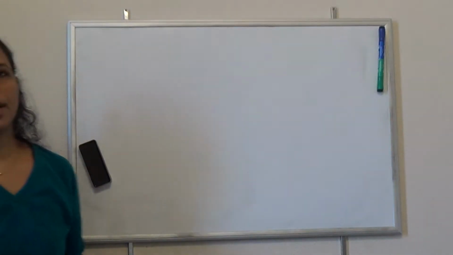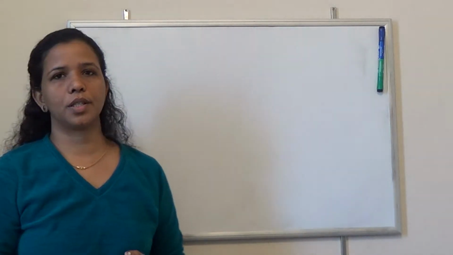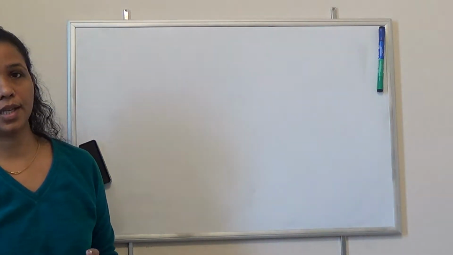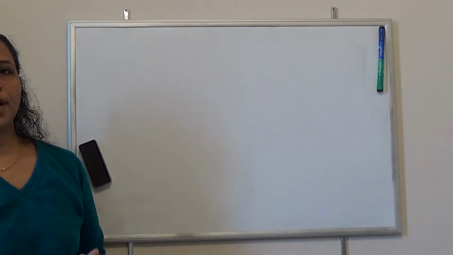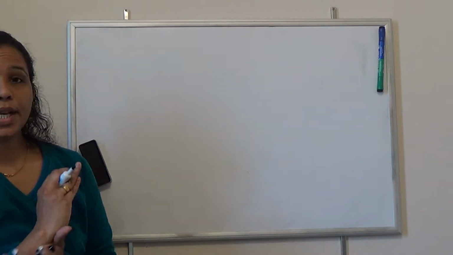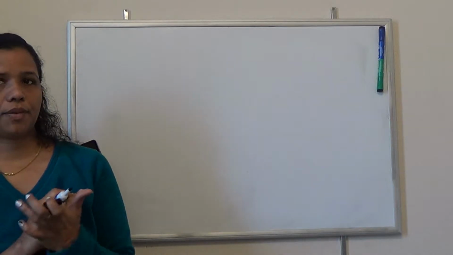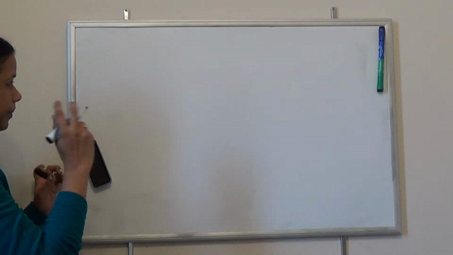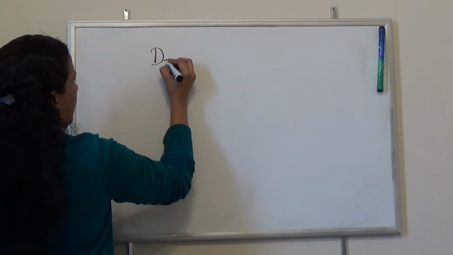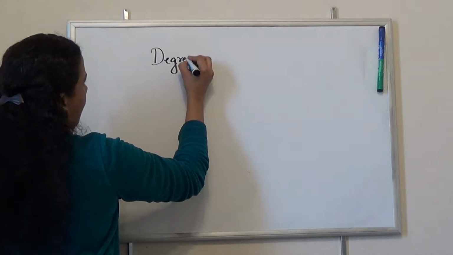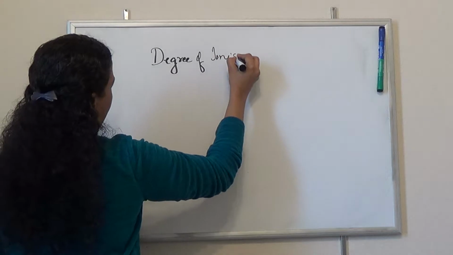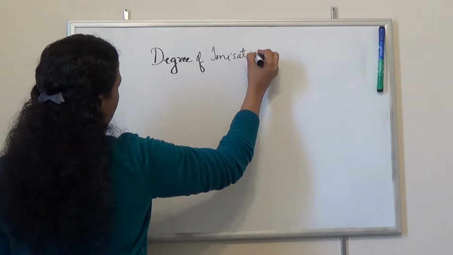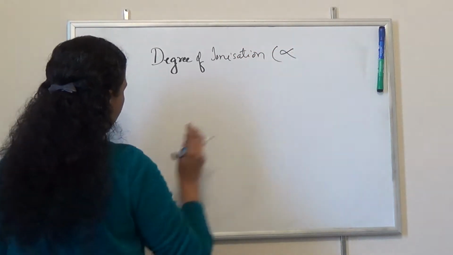Next is calculating the equilibrium constants of weak acids and weak bases. Before that, we have to study the degree of ionization or extent of ionization. It is represented by the letter alpha.